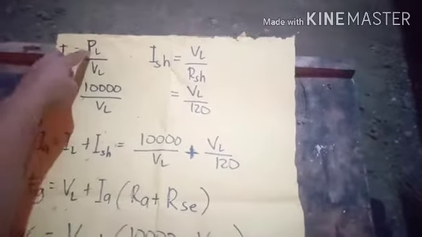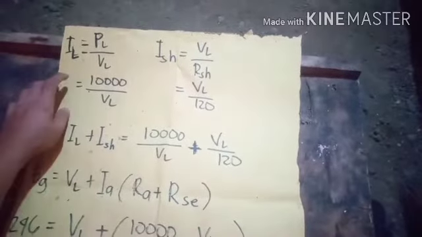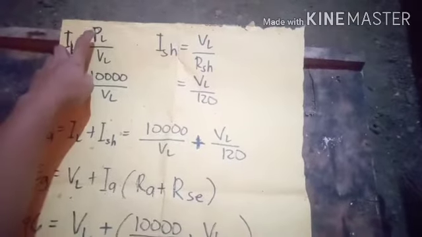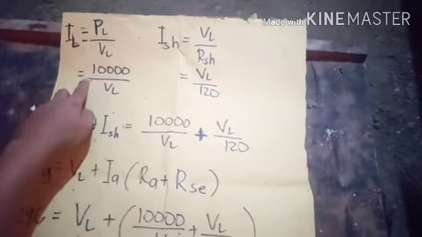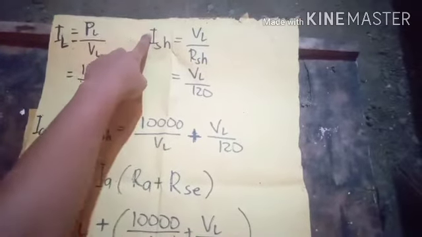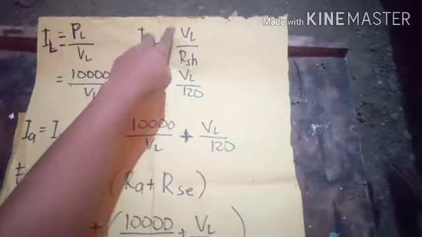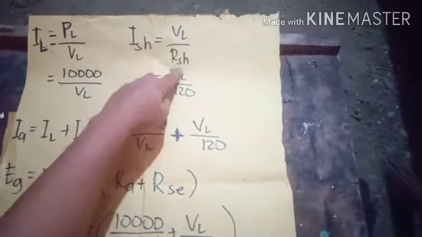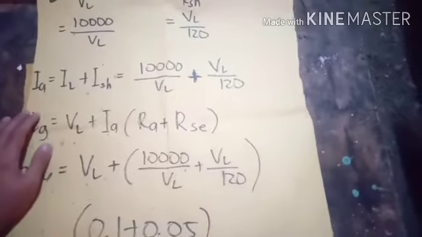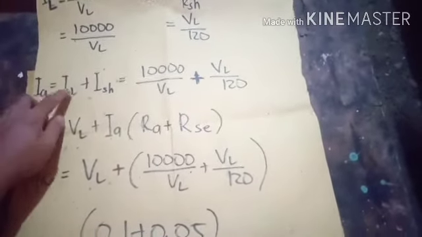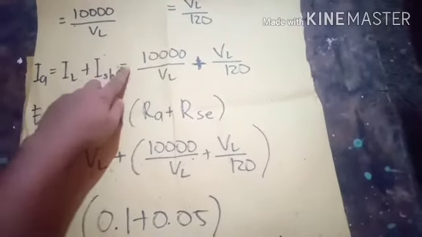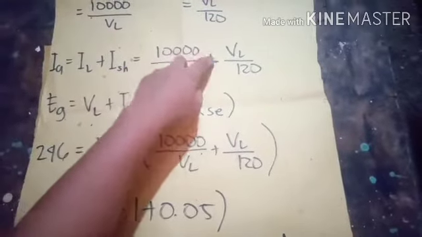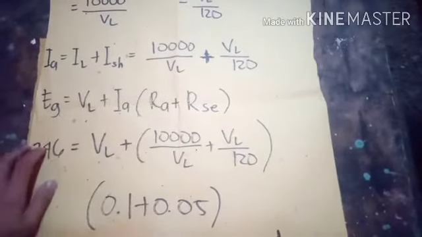So first, IL is equal to PL over VL, which is 10,000 over VL, since the power is 10 kilowatts. Next, ISH is equal to VL over RSH, wherein VL is unknown and RSH is 120. Then IA is equal to IL plus ISH, which is 10,000 over VL plus VL over 120.